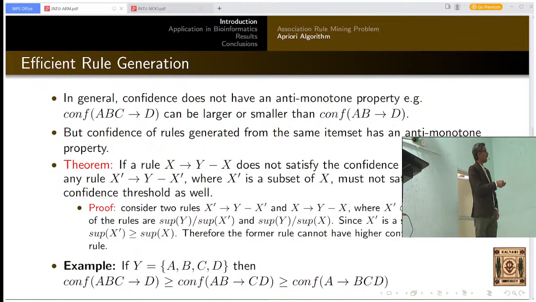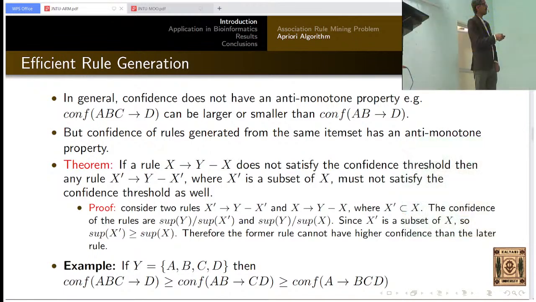ABCD is an item set. All these 3 rules are generated from this item set, because if you take the union of antecedent and consequent, you will get the whole item set. So we have 3 rules: ABC implies D, AB implies CD, and A implies BCD. The question is, is there any relationship among their confidence values?